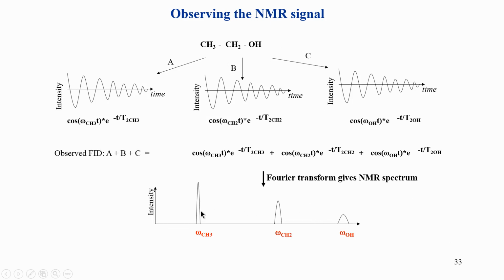So, we do not simply take the height of the peak; when we calculate the number of protons we take the area. The area of the peak relatively depends on the number of protons. So, the area of this peak will be 3 times the area of this peak, and this peak will be 2 times the area of this peak. So, the relative areas are 3:2:1.